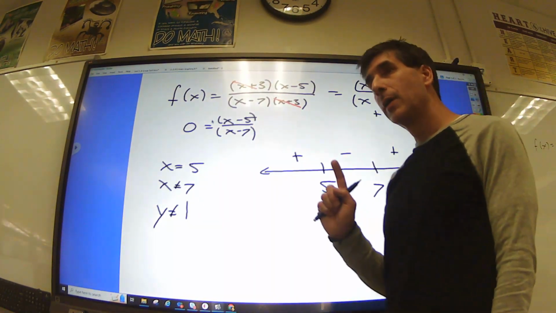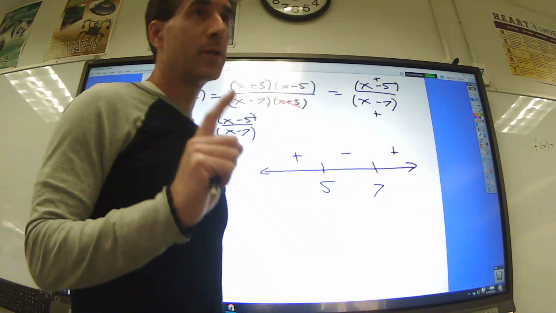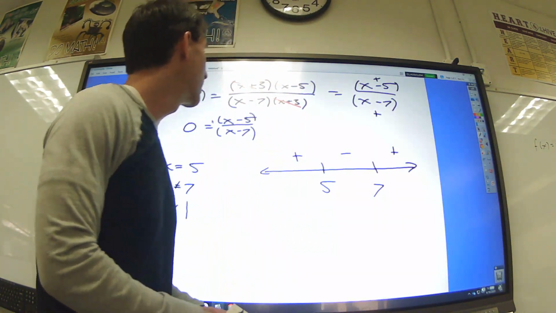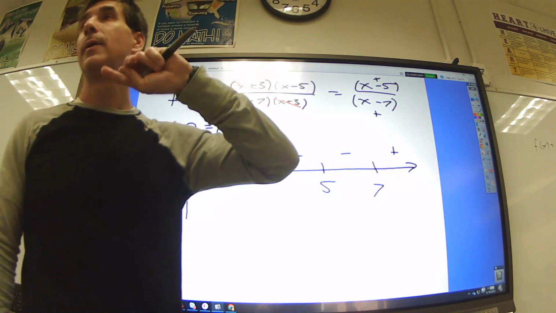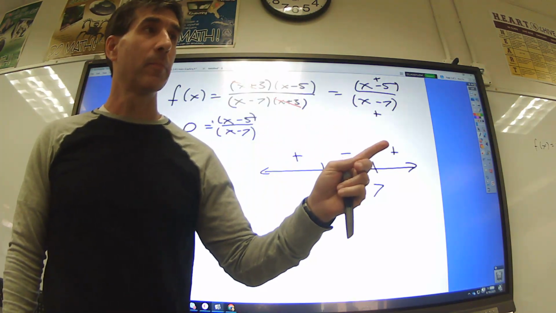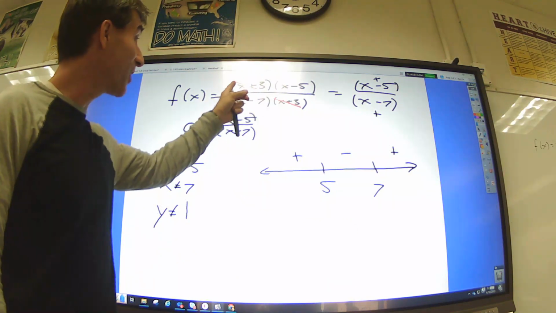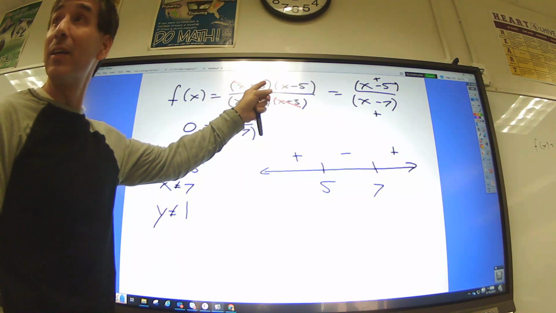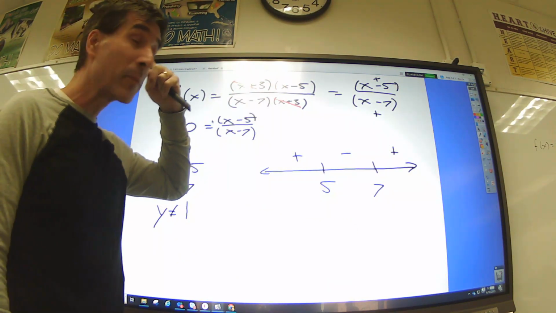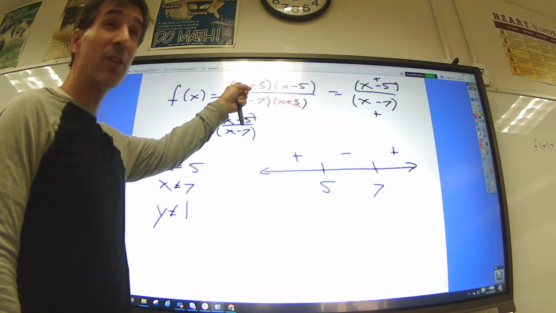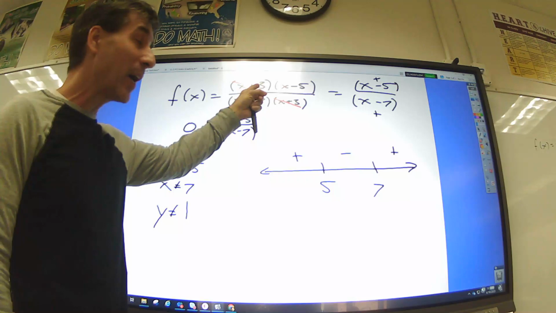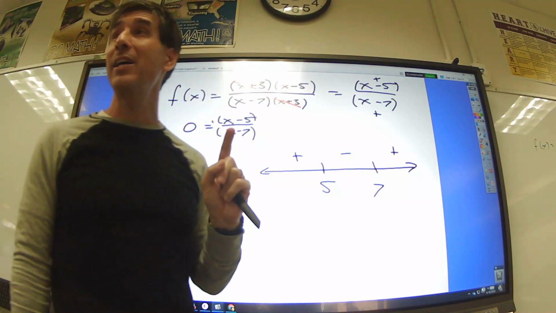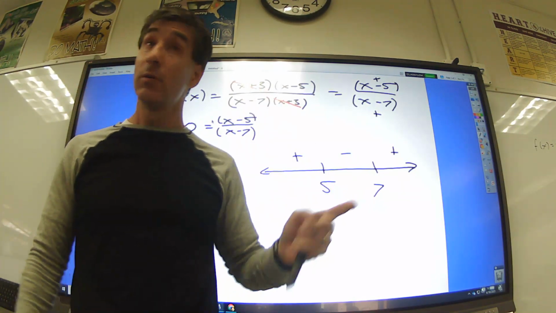Okay, here's where the new thing comes in for us. Notice the x plus 3 over the x plus 3 is eliminated. If I was to graph this, though, if I didn't eliminate it, what would be confusing is that I have negative 3 as a 0, and I have negative 3 as an asymptote.